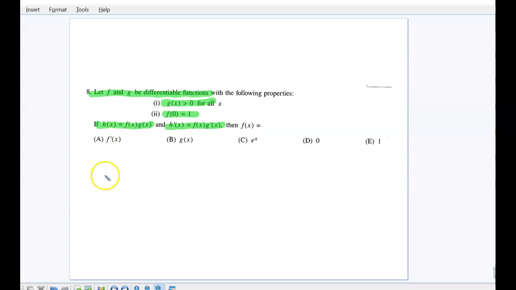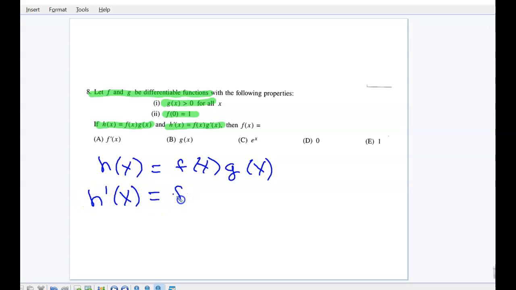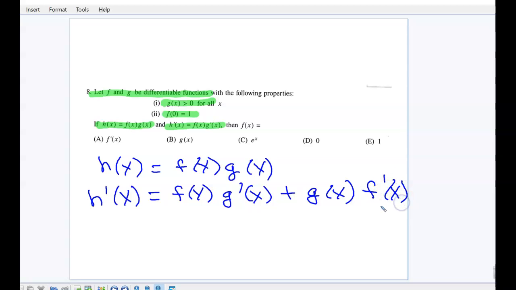Now, if we take a look at the original function, h of x is equal to f of x times g of x. And if we were to do the derivative, h prime of x should be f of x times g prime of x plus g of x times f prime of x.